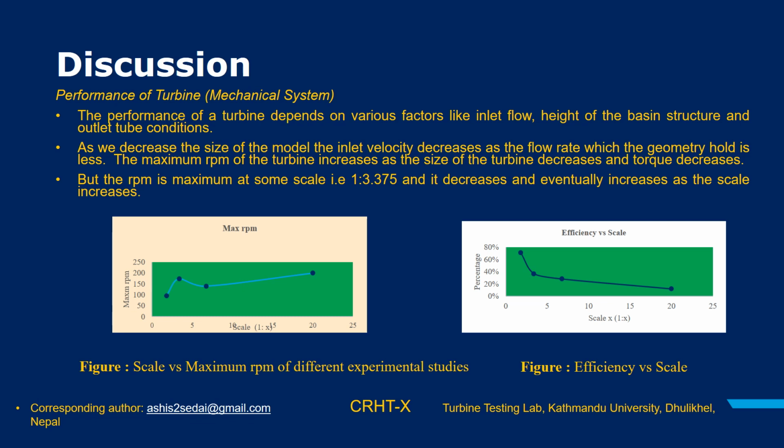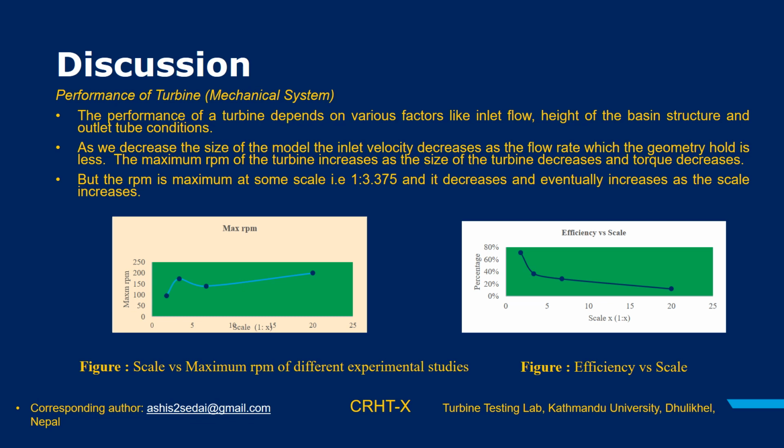But the same is not the case for the RPM. On the left side of the slide, the graph between scale versus maximum RPM is presented. In this case, we observed that as we scale down the model, the RPM of the runner increases up to the 1 to 3.375 scale, but later it slowly decreases as we further scale down the model, and again it gradually increases.